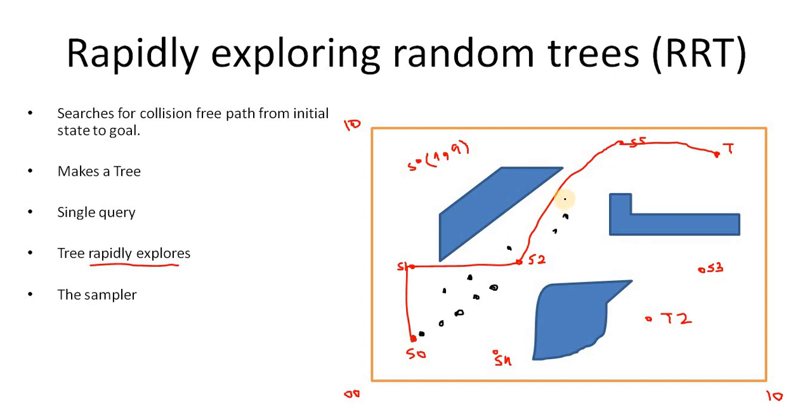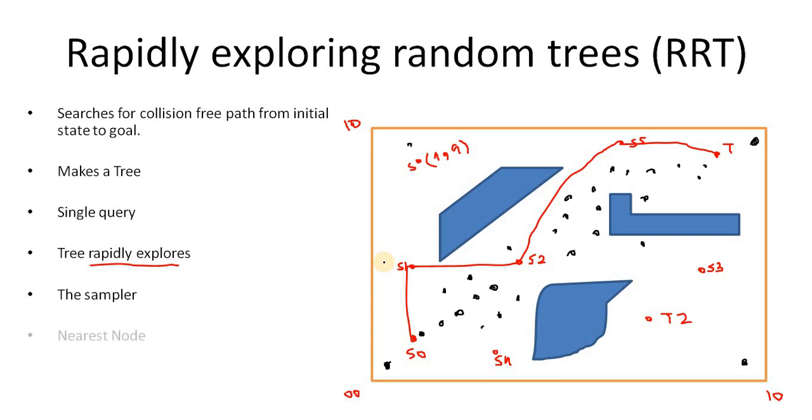So this is an example of deterministic sampling. I know where the goal is, which direction the goal is, and I only sample in the direction of the goal or near to the goal. But with random sampling, random means it can have a point here also, it can have a point here also, anywhere, even on the other side of the target.